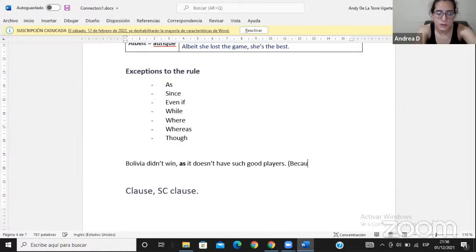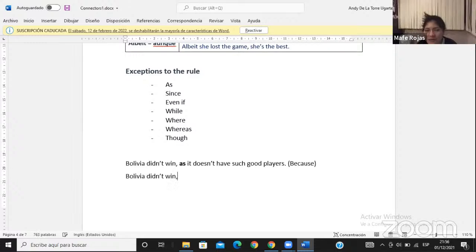It's another word for because. And the meaning of as if is like como si in Spanish, right? So it's different. That's not a conjunction, only as.